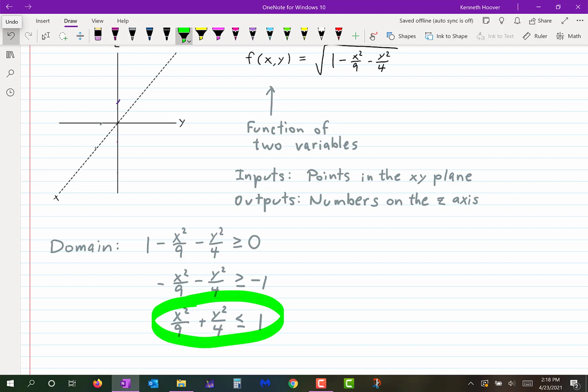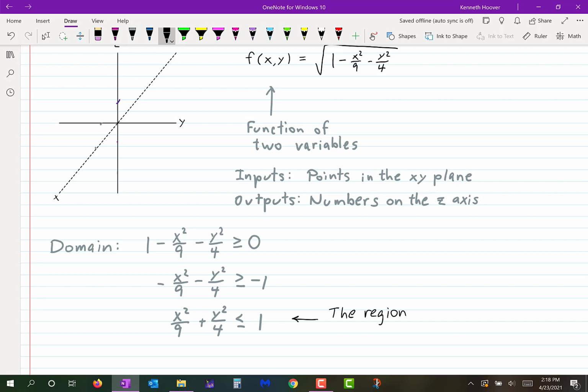What is that shape? That is the region inside the ellipse x squared over 9 plus y squared over 4 equals 1.